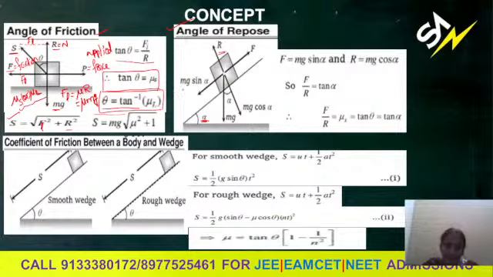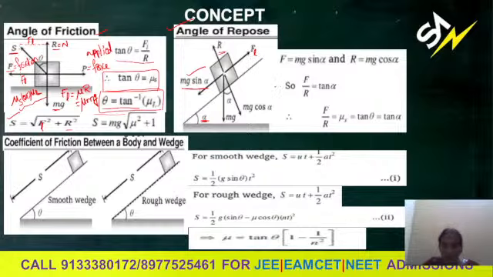When the object is on the inclined surface, with mg sin alpha it can start to move on the inclined surface. To oppose this motion, limiting friction develops opposite to that force component.